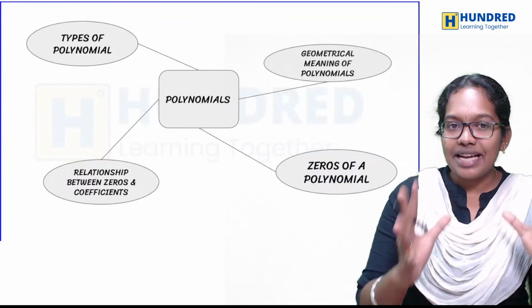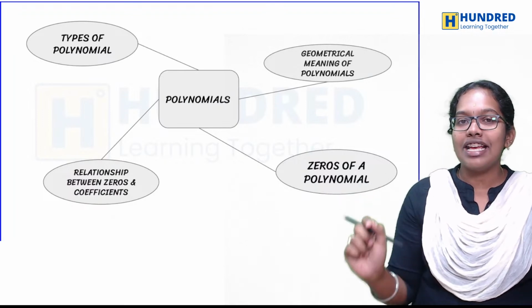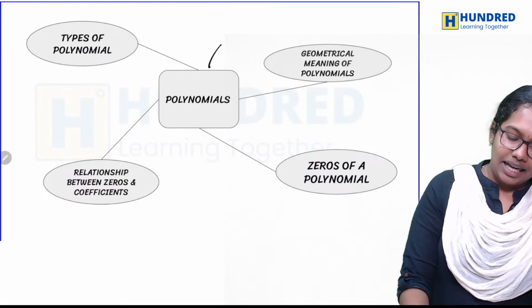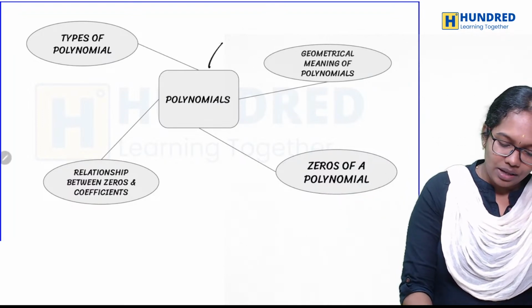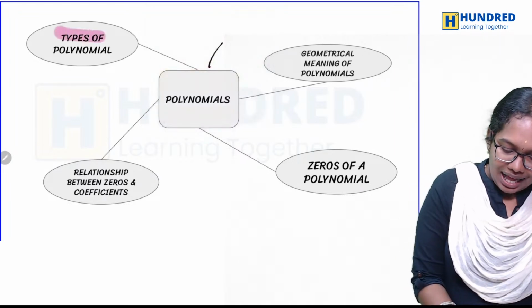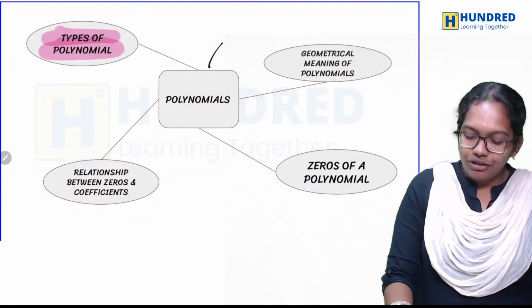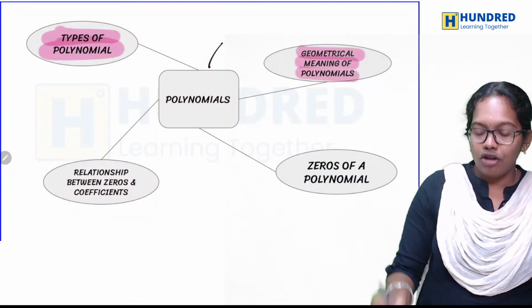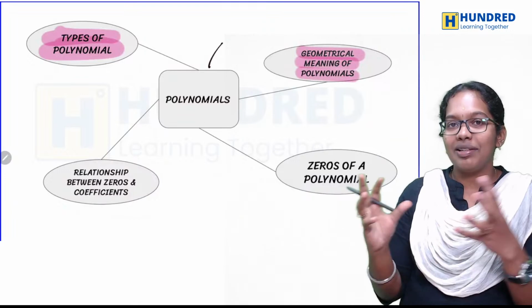So in this chapter, the main things we are going to see: the first thing is the types of polynomials. After types of polynomials, we are going to see the geometrical meaning of polynomials, which is nothing but how they look in the graph.